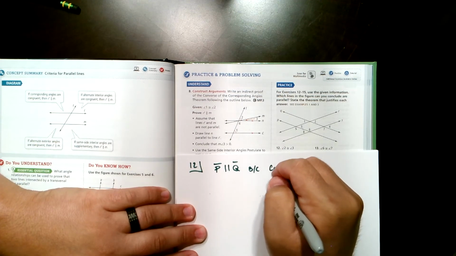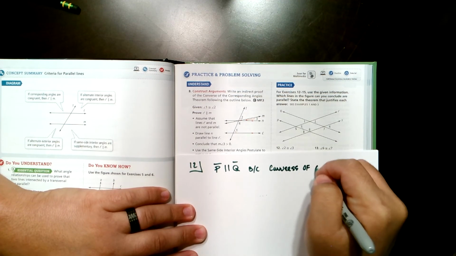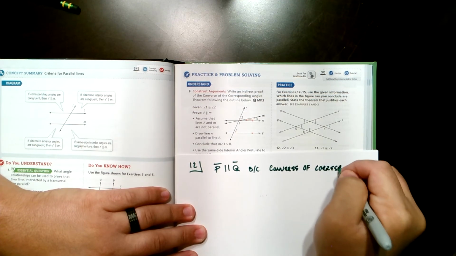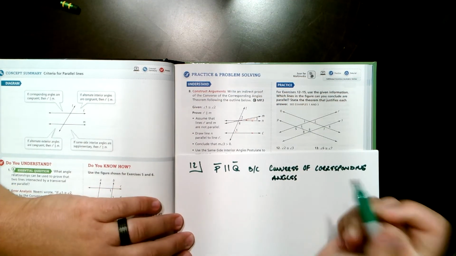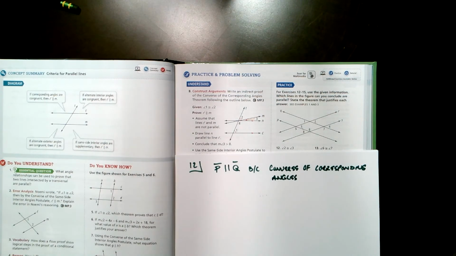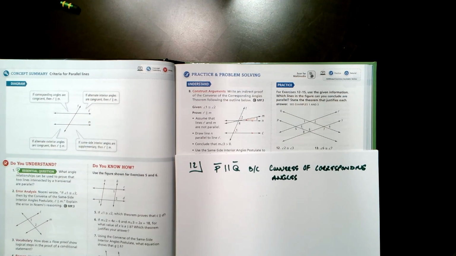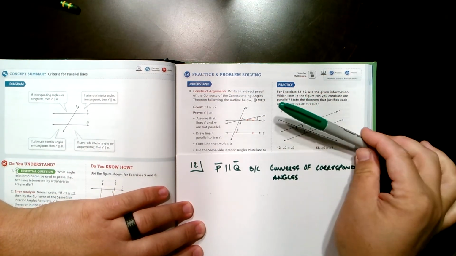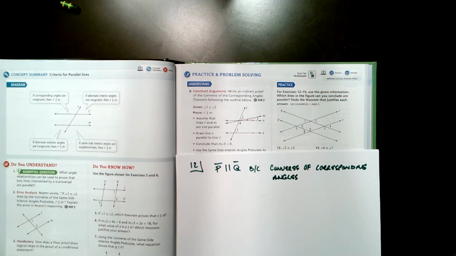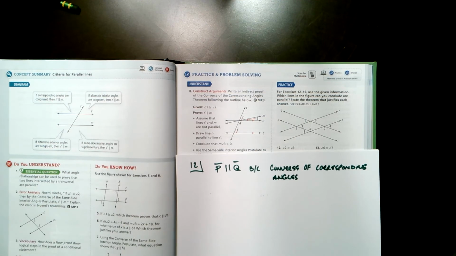So because of the converse of corresponding angles. Remember what they're talking about here when I say converse of corresponding angles. Well, before, you could say because those two lines are parallel, then corresponding angles are congruent. Now they're telling you because these two angles, 2 and 3, are congruent, you've proved that P and Q are parallel.